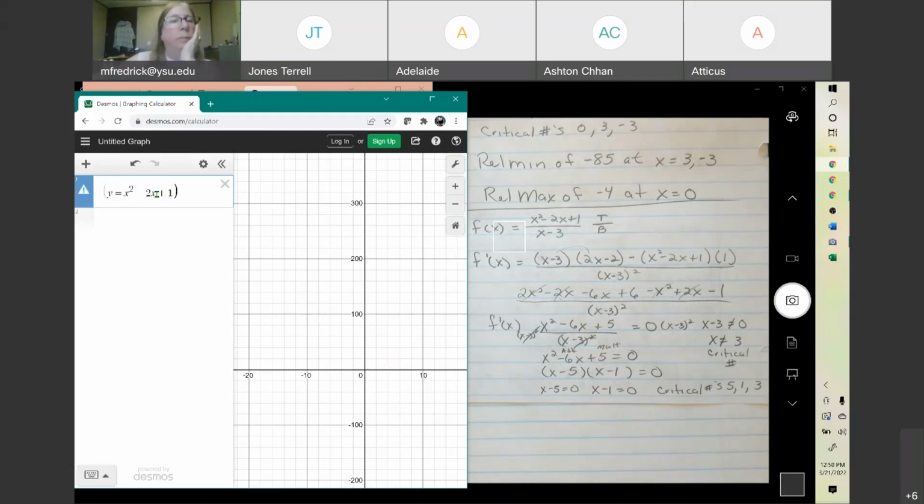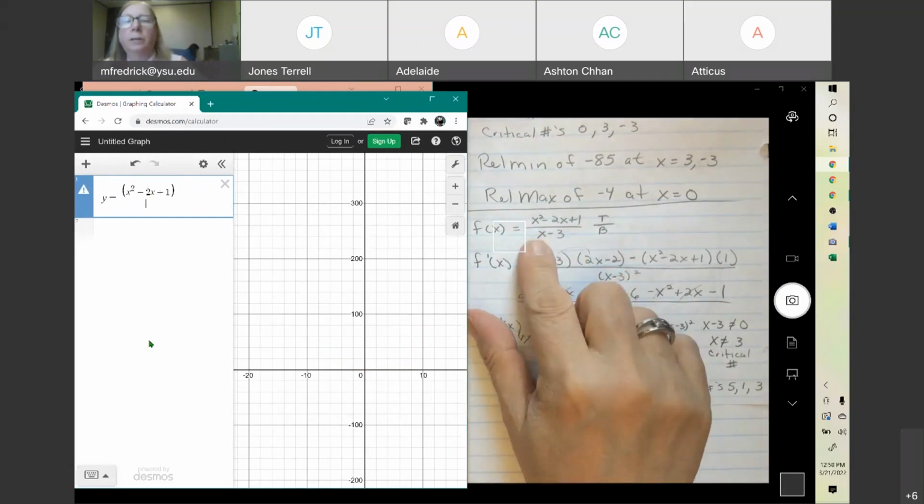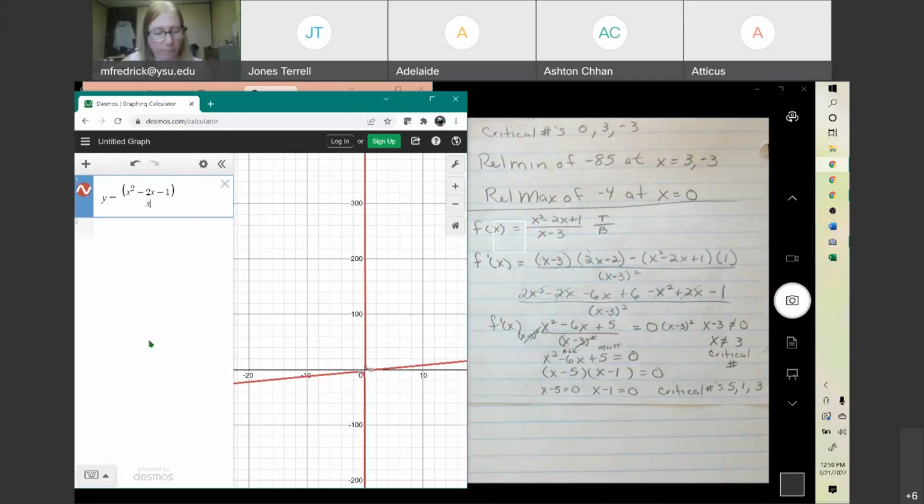I'm going to put this in parentheses. That way when I hit divided by, it'll put it all on the top. X squared minus 2x plus 1 and x minus 3. And here's our graph.